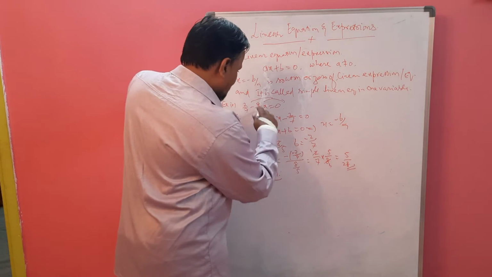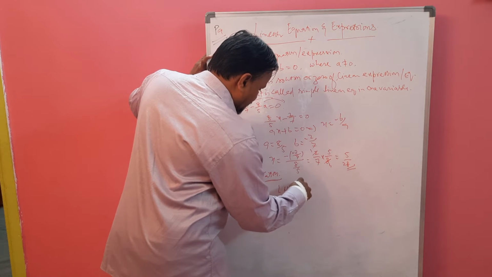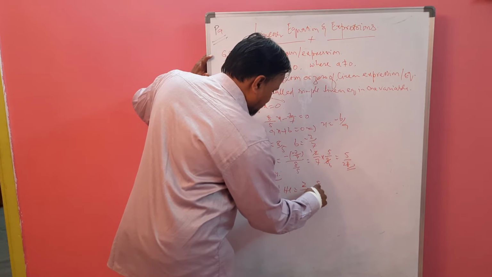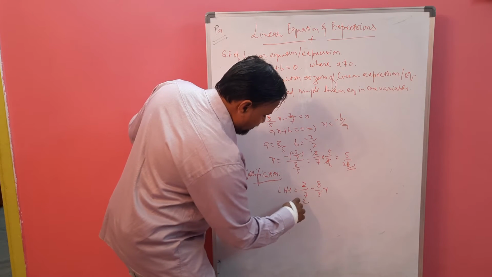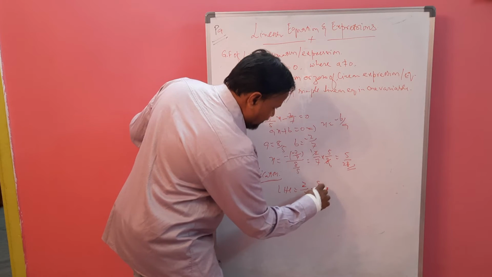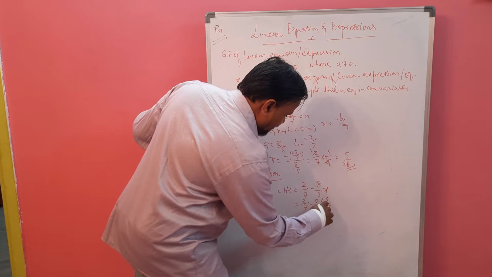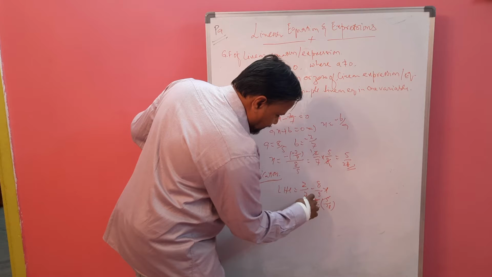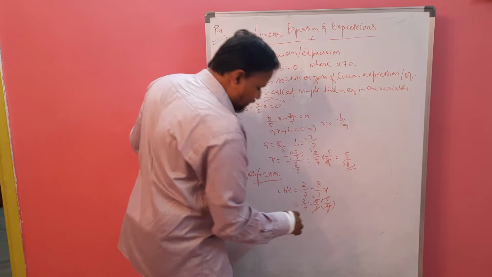Put that value. Left hand side is 2 by 7 minus 8 by 5x. This is our left hand side. Now substitute here 2 by 7 as it is, minus 8 by 5, and x is 5 by 28. 5 gets cancelled. This goes with 4 2s are, and this goes with 4 7s are 28.